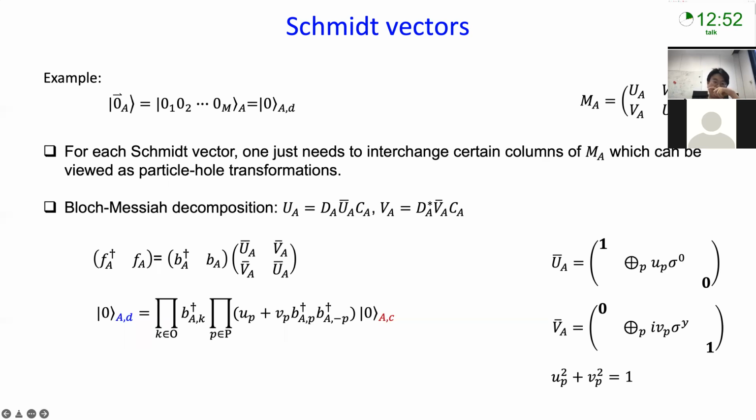And actually, the vacuum of the f_A fermions is easy to see by checking the elements of the U_A bar matrix. The vacuum of f_A is just this state. So first, we have the identity block, and the b_A fermions in this block should be fully occupied in the original vacuum. So we have these guys corresponding to fully occupied modes.